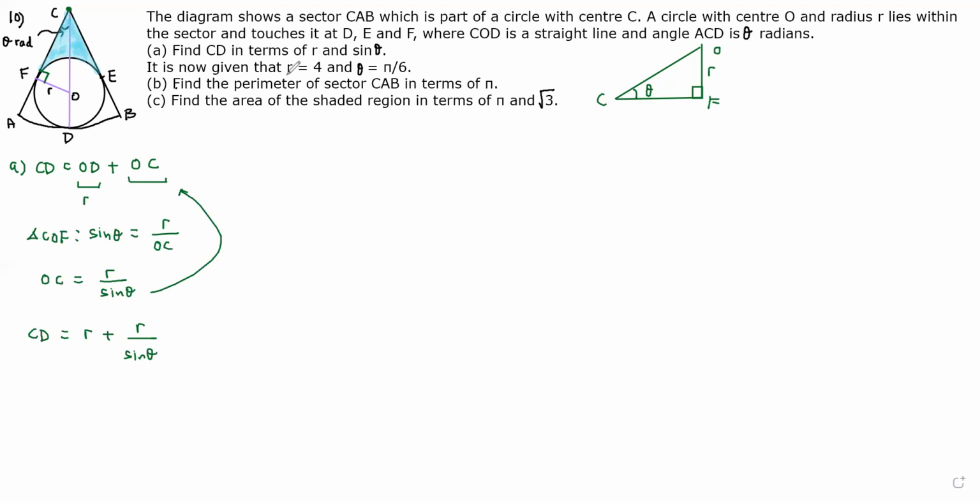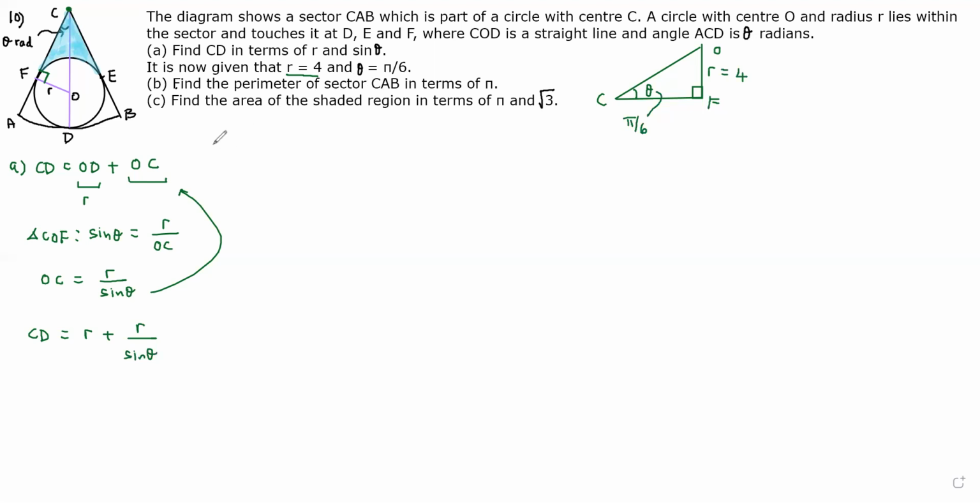It is now given that R is 4, so we replace R with 4, and theta is pi over 6. So this angle now is pi over 6. Find the perimeter of sector CAB in terms of pi.